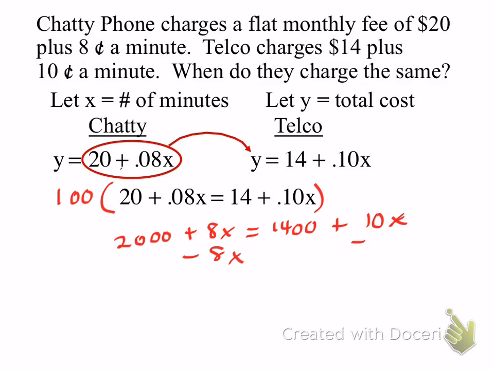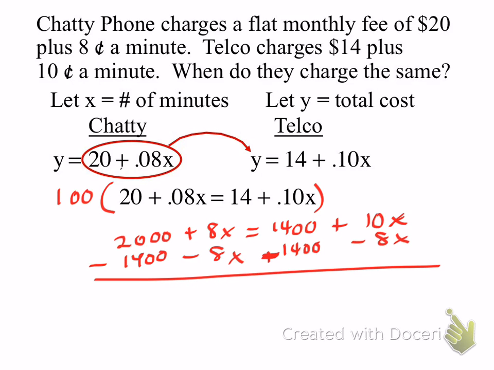Subtract 8x, subtract 1,400, sorry, and I get 600 equals 2x, divide by 2, x equals 300.